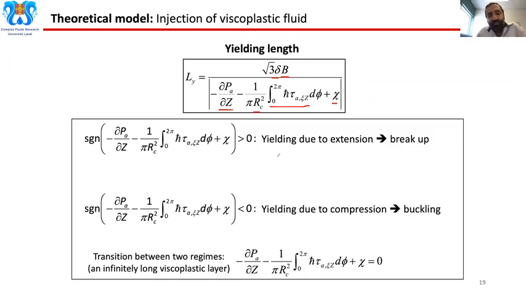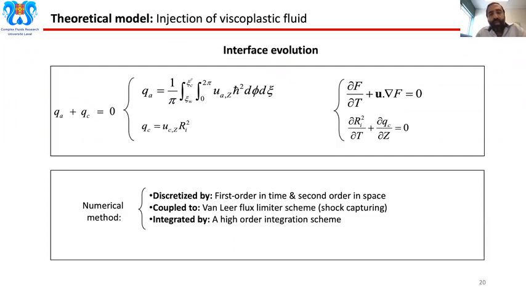The transition between the two cases corresponds to an infinitely long viscoplastic layer, for which the denominator is 0. But since the height of the system is finite in our flow, the transition between the two cases can be obtained simply by setting the yielding length equal to the height of the system and finding the transition between the two regimes.